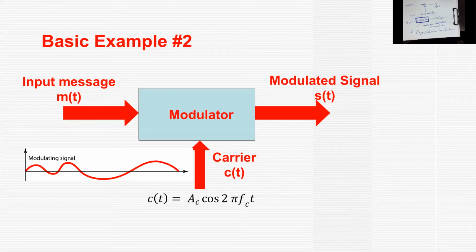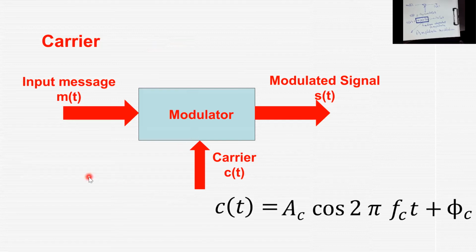Okay, so this is the output. This is our carrier. As I mentioned, we hide our message inside the carrier. But let's stop and think. Is it the only way to hide the message inside the carrier?